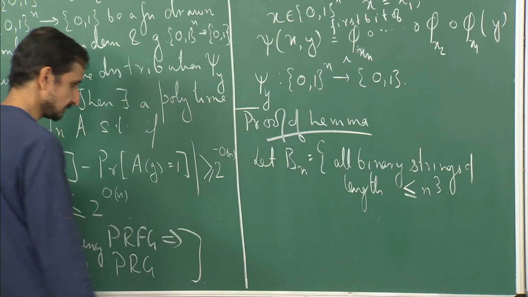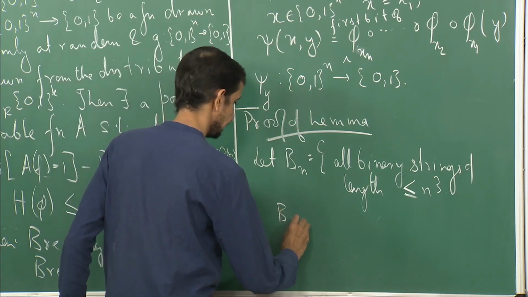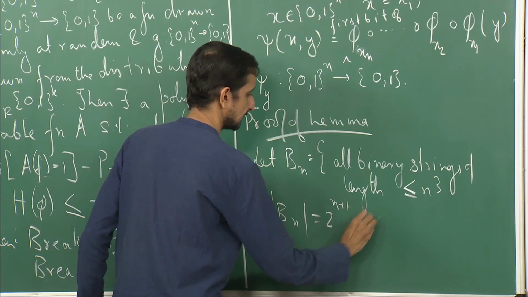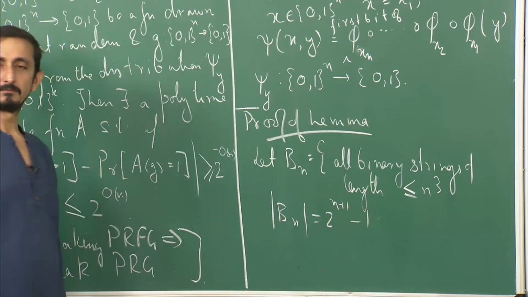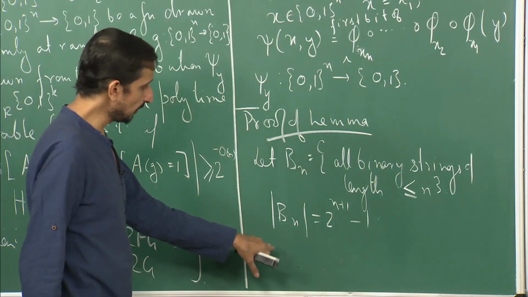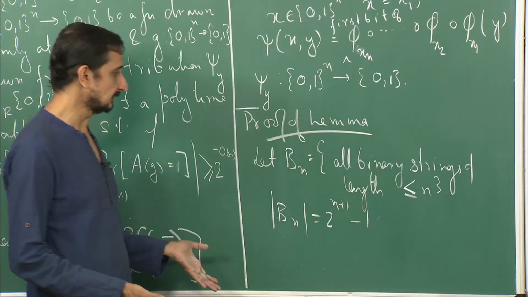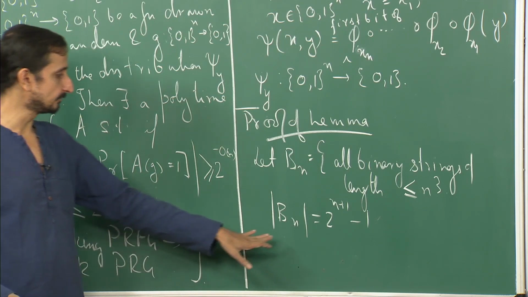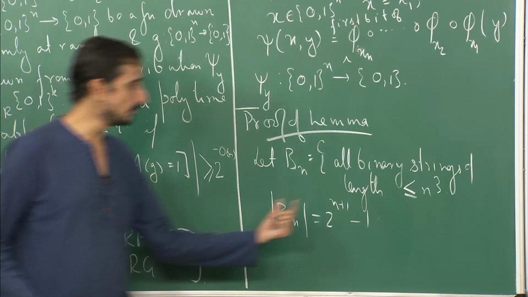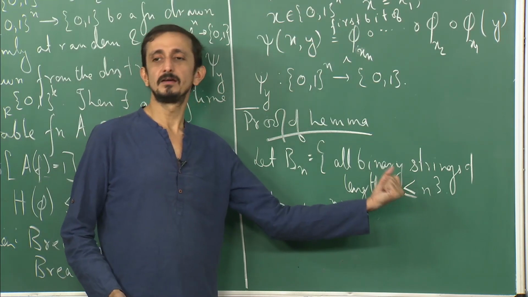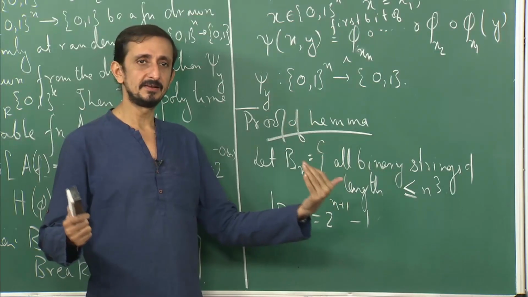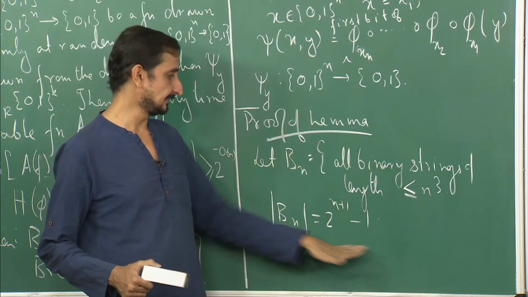So what is the cardinality of B of n? B of n will have 2^(n+1) minus 1 many strings. So we'll build a complete binary tree of depth n, each of whose nodes will correspond to one binary string. A complete binary tree of depth n has this many nodes.